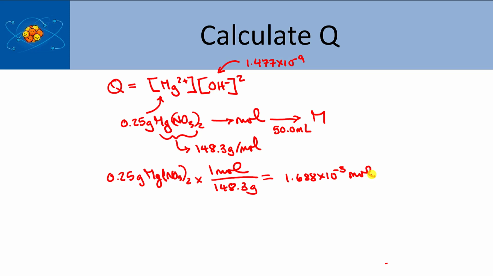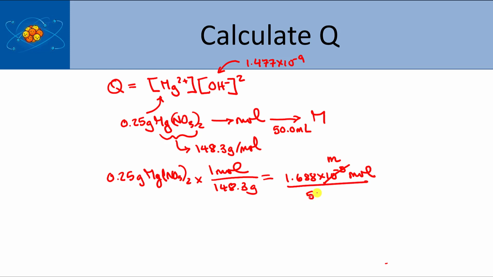And then I need to calculate the molarity. Now, it's not in millimoles, unfortunately, so I could either convert the moles into millimoles and divide by the milliliters, or I could convert the milliliters into liters and divide by liters. And it turns out for this one, that's actually easier.